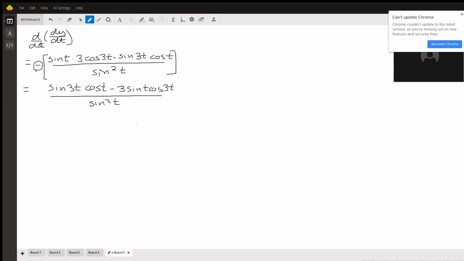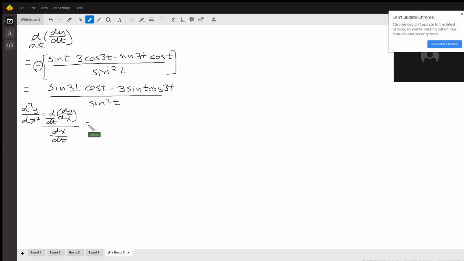Now, to finish us off, my official formula says that the second derivative of y with respect to x is the derivative of dy/dx with respect to t divided by dx/dt.